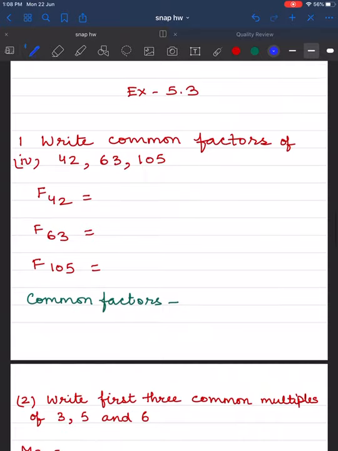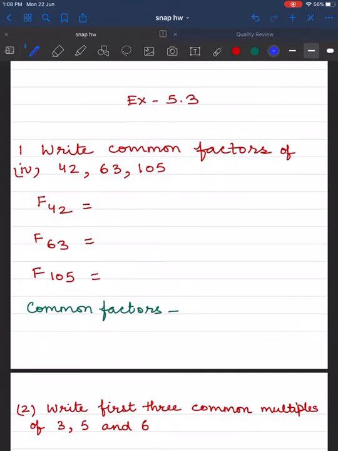Now first is write common factors of 42, 63 and 105. So let's write factors of 42. So here we have 1, 2, 3, 6, then 6 sevens are 42, then 3 14s are, 2 21s are, and then 42. Next is factors of 63. So 1, 3, 7, then 7 9s are 63, then 3 21s are 63, and then 1 into 63. Then factors of 105.